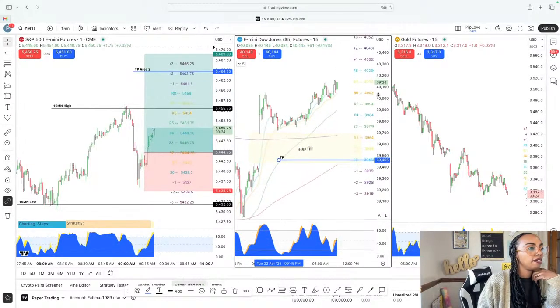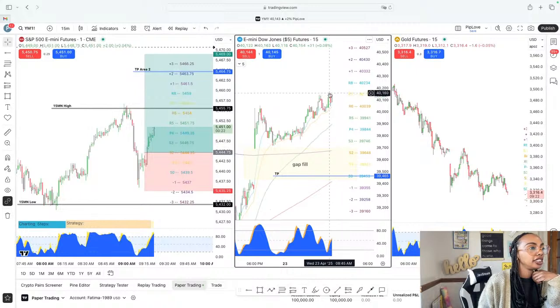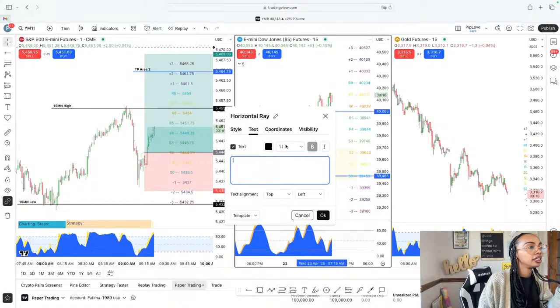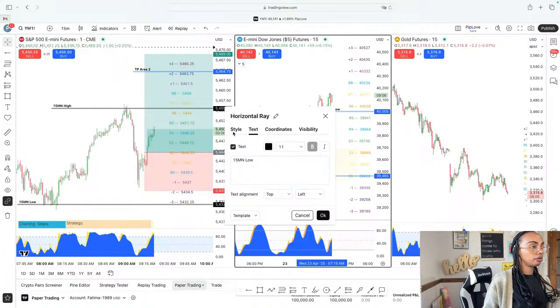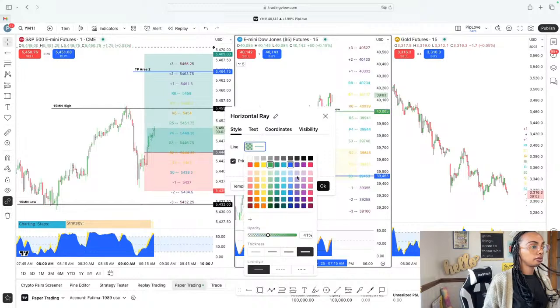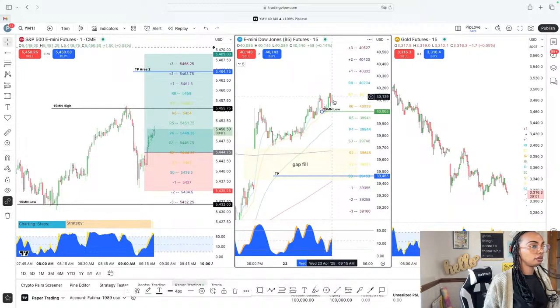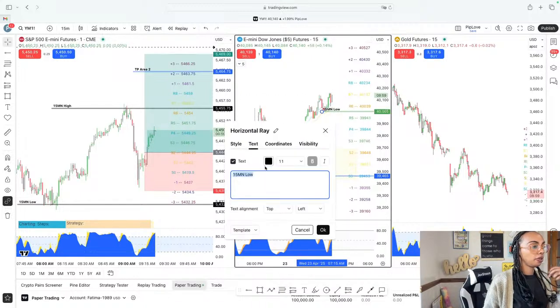Where would I be looking for that invalidation? This is our high. This is our latest low. So if price breaks this low, I'll be looking for a sell down to my S0 level. I'll just keep them gray.